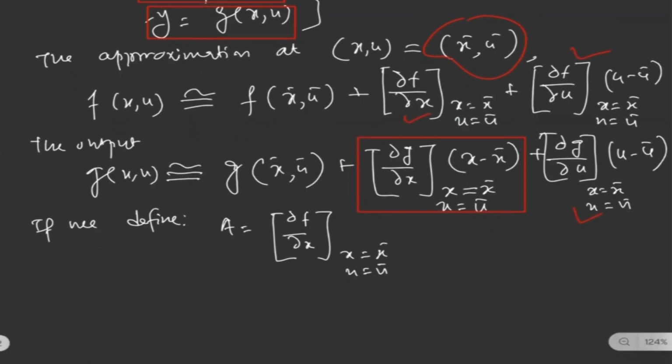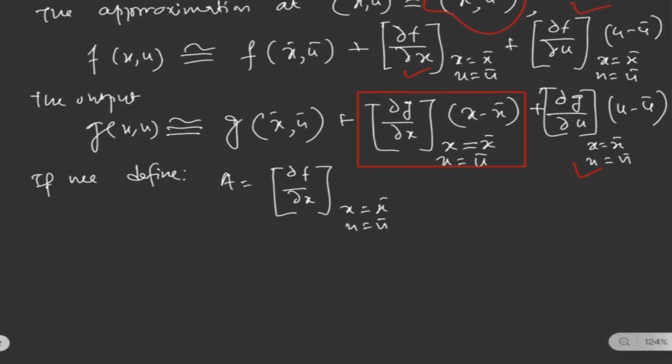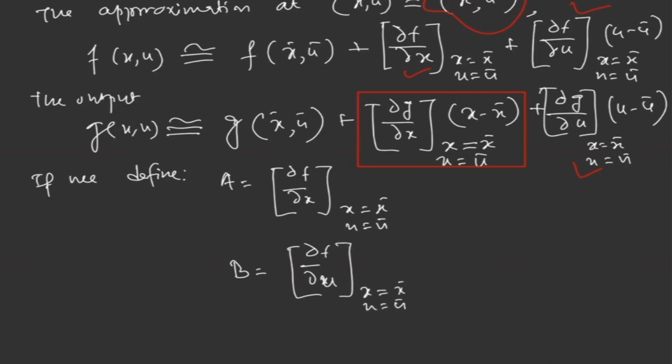So we can define a matrix A, and we can define B equal to dou f dou u at x bar, u bar.